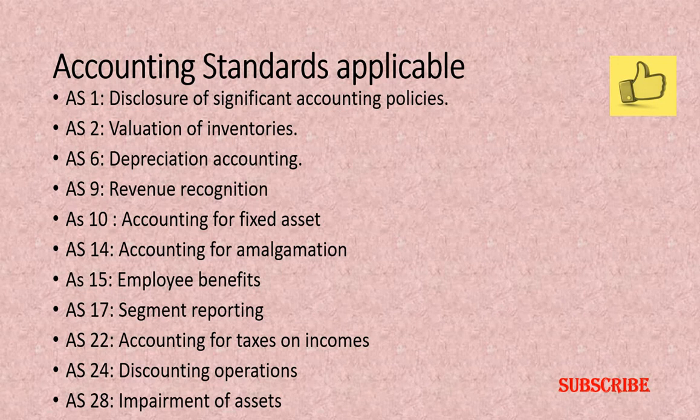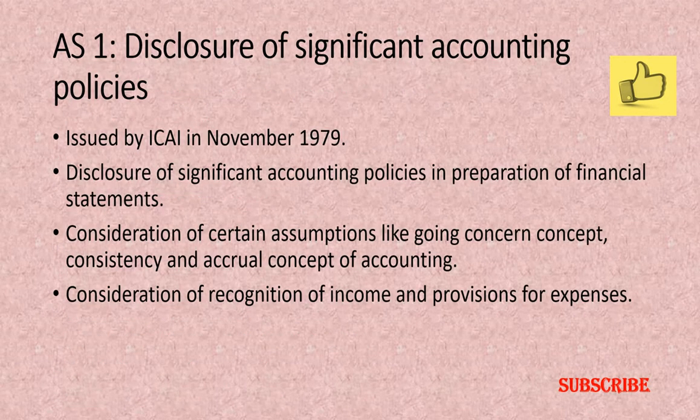Accounting Standard 15, employee benefits. Accounting Standard 17, segment reporting. Accounting Standard 22, accounting for taxes on incomes. Accounting Standard 24, discontinuing operations. Accounting Standard 28, impairment of assets. We shall discuss the applicability of these accounting standards in detail in the subsequent slides.